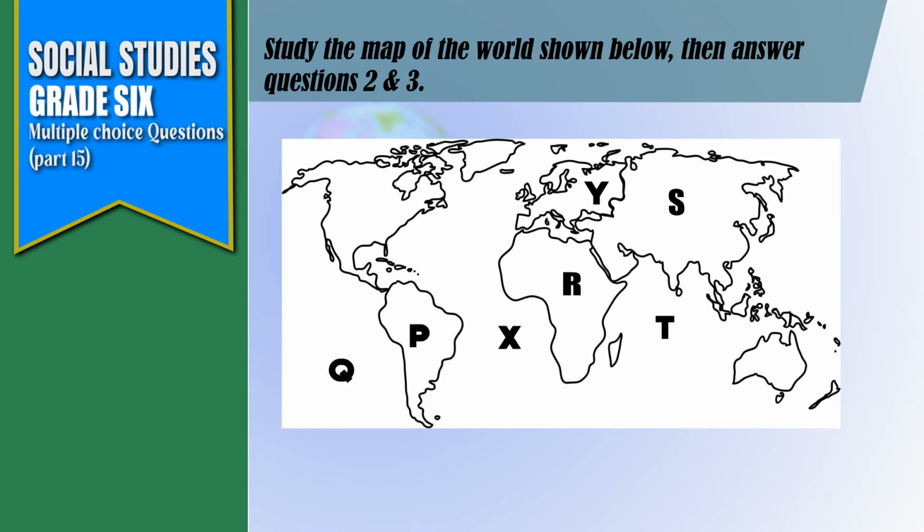The letters T, X, and Q are on areas that represent where the oceans are found. So T is where the Indian Ocean is found, X is where the Atlantic Ocean is found, and Q is where the Pacific Ocean is found.